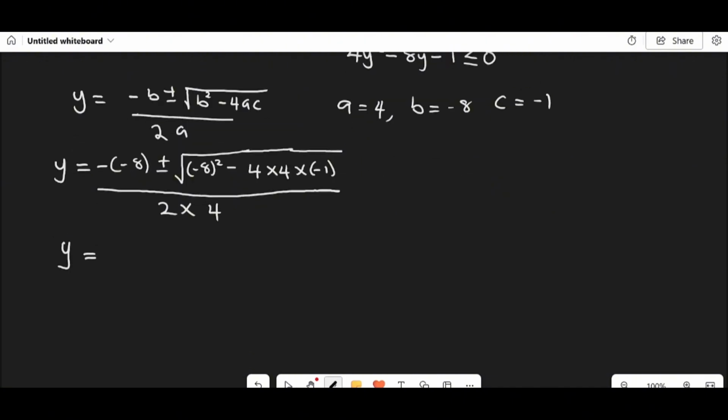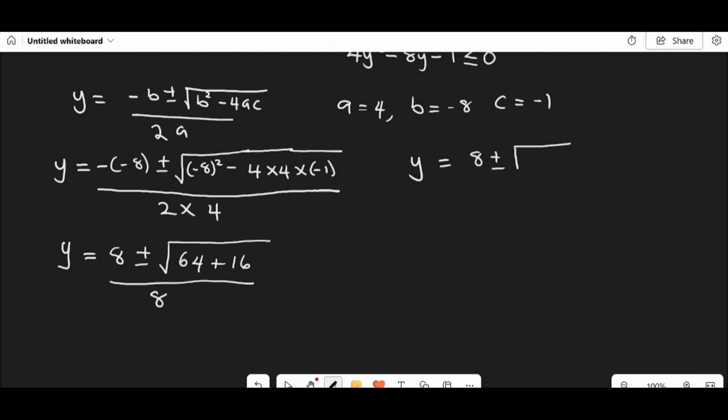y equals 8 plus or minus root 64 plus 16, all over 8. y equals 8 plus or minus root 80 all over 8. y equals 8 plus or minus 4 root 5 all over 8.